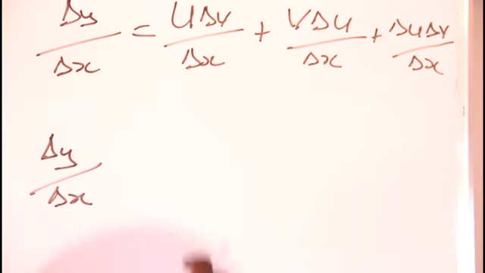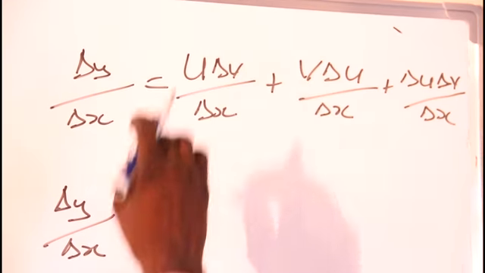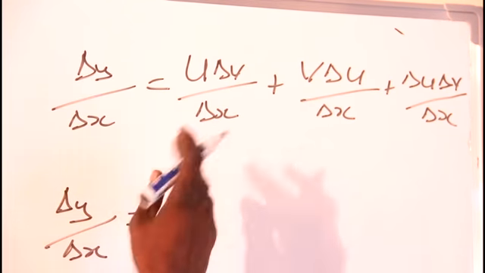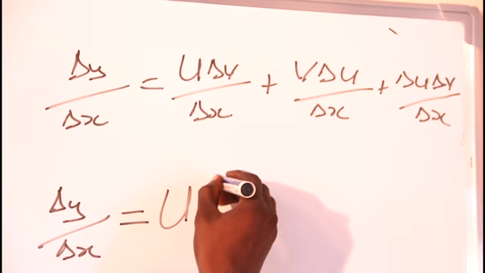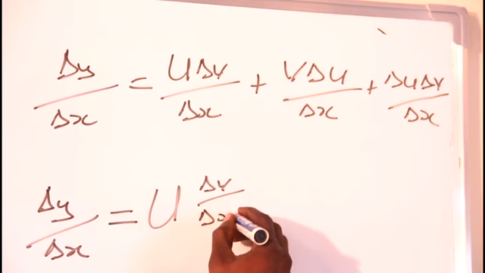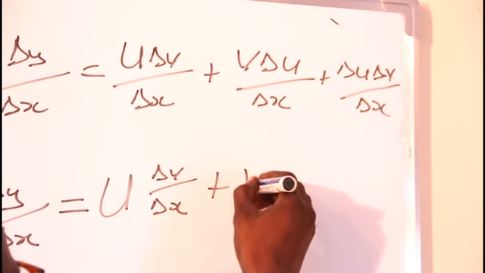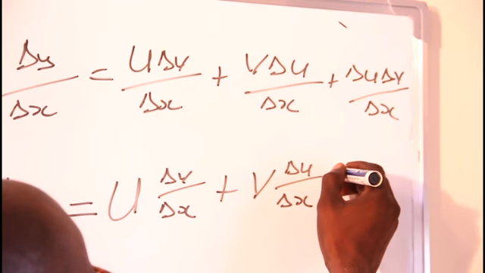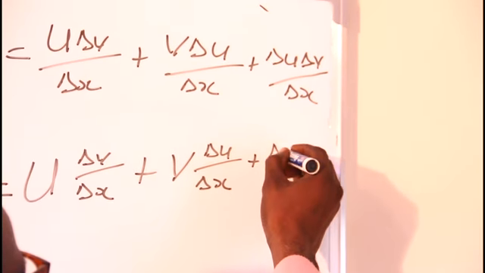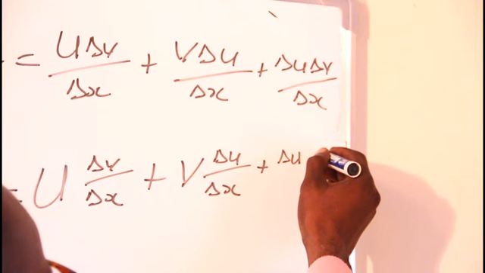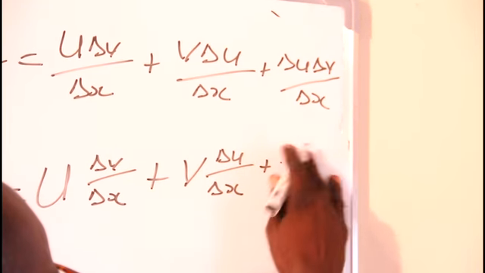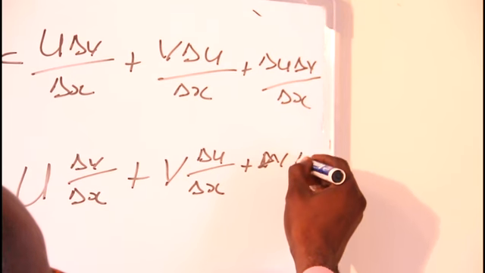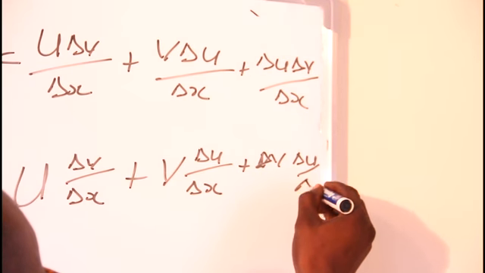Now if you check this, you will notice that there is a function and a given derivative. We simplify to that point. That will give us u change in v over change in x, plus v change in u over change in x, plus change in u, then change in v, then change in u over change in x.